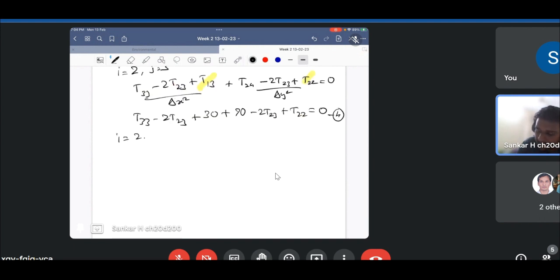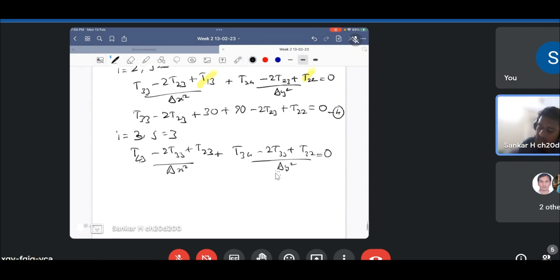Put i equal to 3 and j equal to 3, we'll get T43 minus 2T33 plus T23 by delta x square plus T34 minus 2T33 plus T32 by delta y square should be equal to 0.